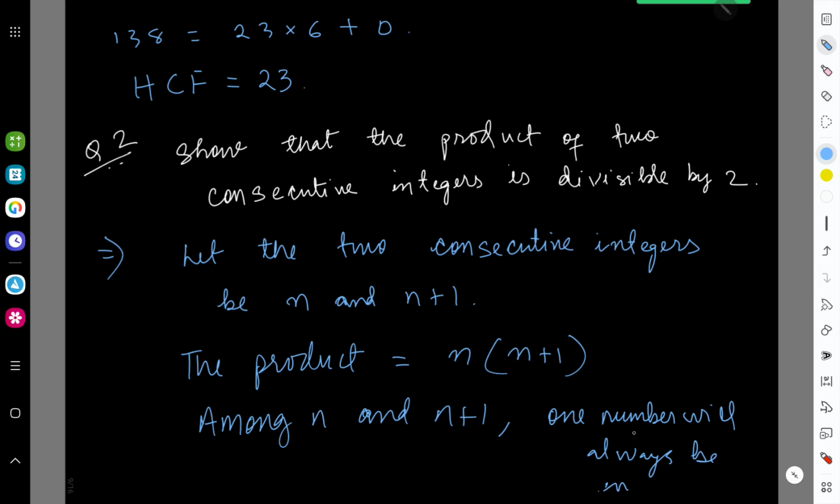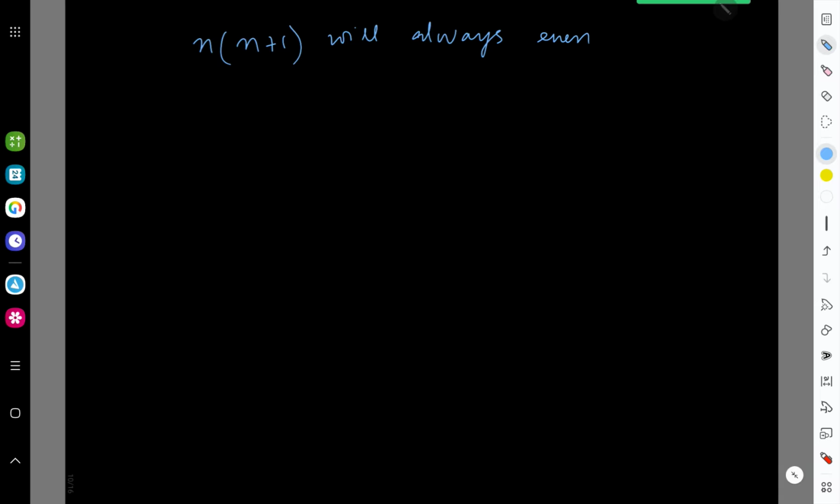I hope you can agree with this statement. I have shown you with example. So that means their product n times n plus 1 will always be even.